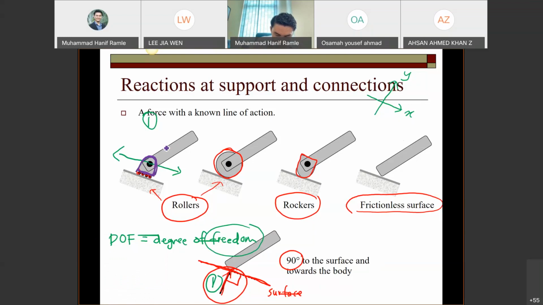So I make it the purple color. Please exclude the other body, which is this one. So for the purple color, how many DOF? 2. No.